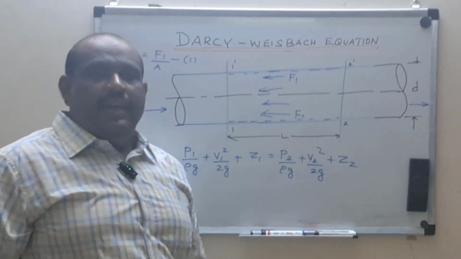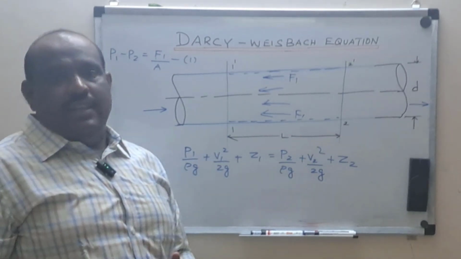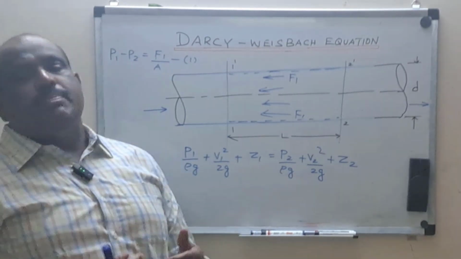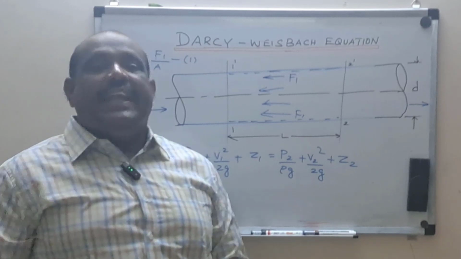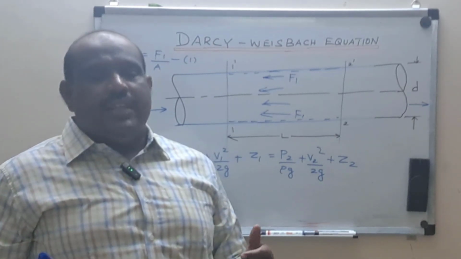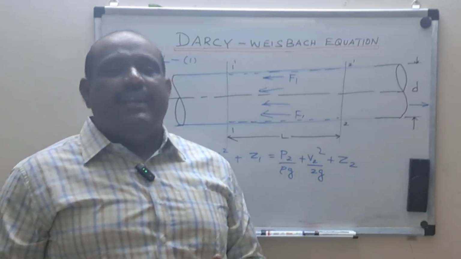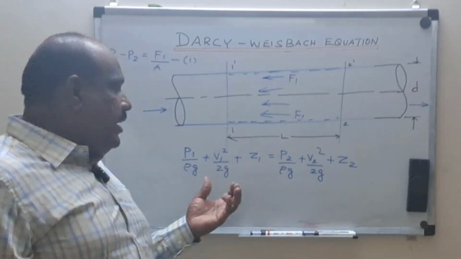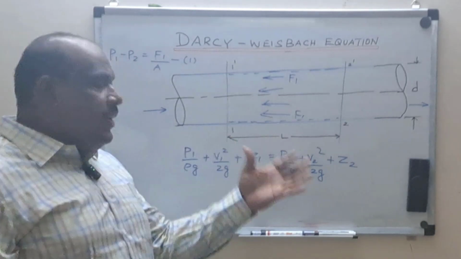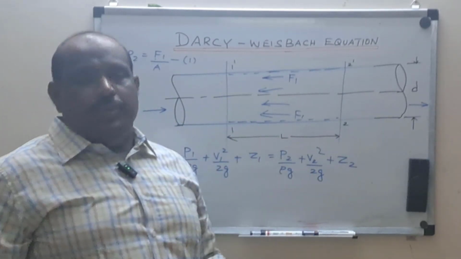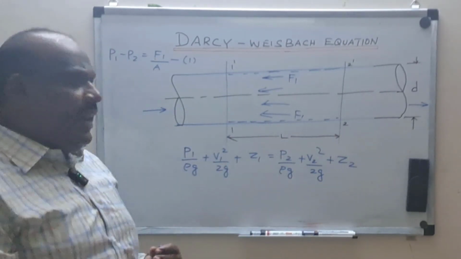This is fine. Bernoulli's equation is based on the fact that it is for an ideal fluid, whenever there are no losses. But definitely the energy at 1 will be more than the energy at 2. Let me tell you very clearly.